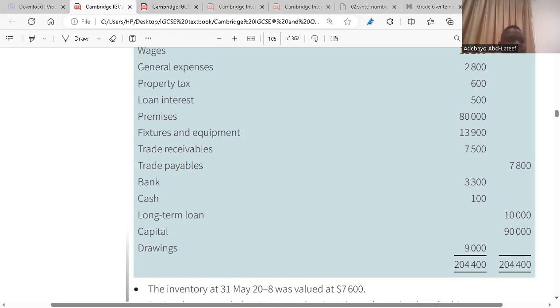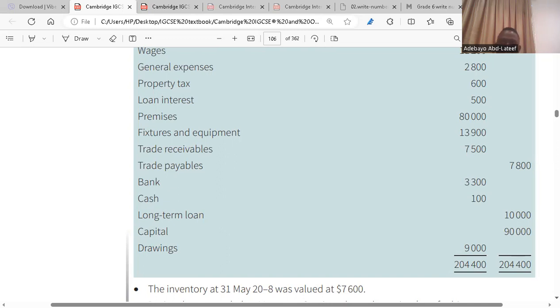At the end of the year, you'd have made profit. So when you make profits, listen, in your statement of financial position, on the credit side, you have the trade payables, the long-term liabilities, capital, and profits, and you less drawings. Do you get what I'm saying here?